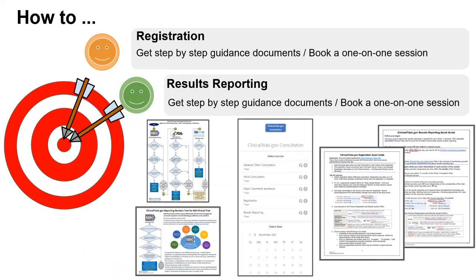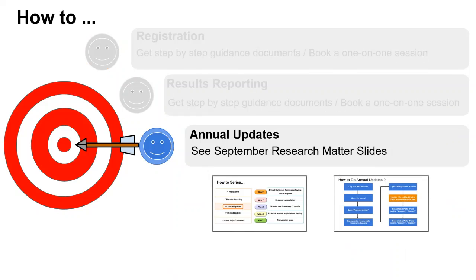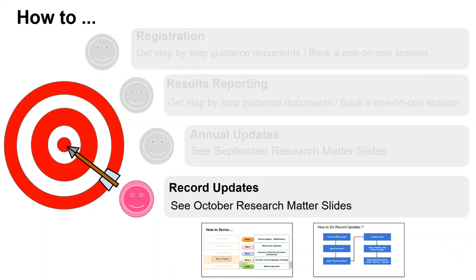So we talked about how to register and report results in ct.gov, and then I introduced resources that are available on our website. And Resija talked about how and when to do the annual updates and how and when to modify the existing ct.gov record.